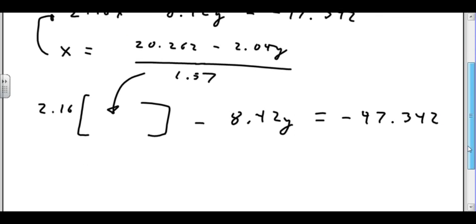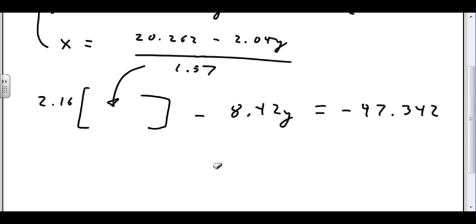All right. So now I start using my calculator. 2.16 times 20.26. Shoot. All right. 2.16 times 20.262 divided by 1.37.